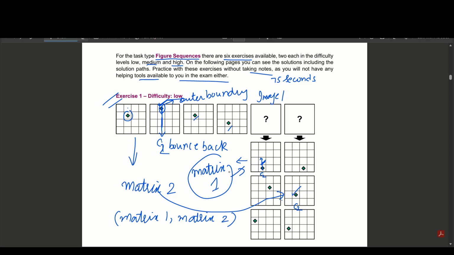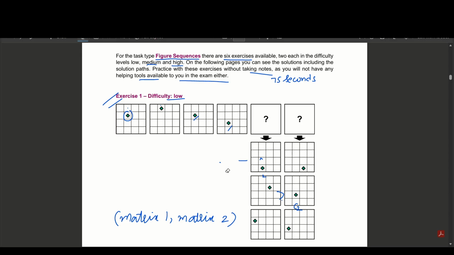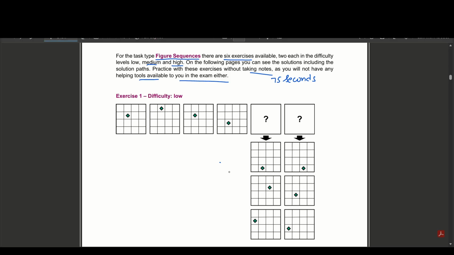So in very easy language, if I have to solve this question in maximum 50 seconds, what are the rules that you have to follow in your exam? I'm going to explain it again for your better understanding. There is a diamond type of shape. Whenever this type of shape goes to the edge of the matrix, like here, the outer matrix, it will either move horizontally or vertically.